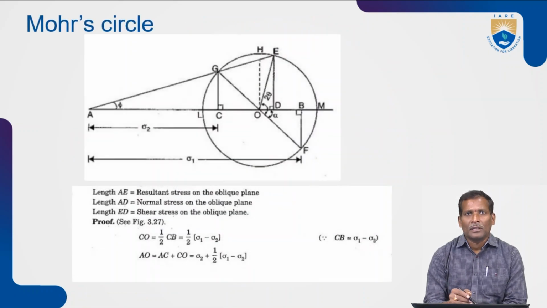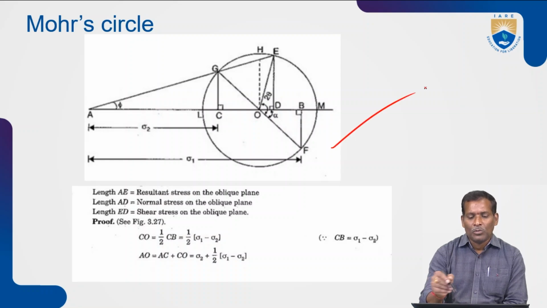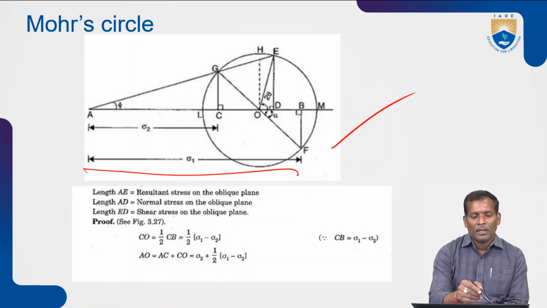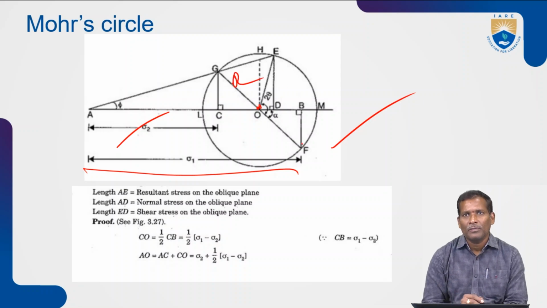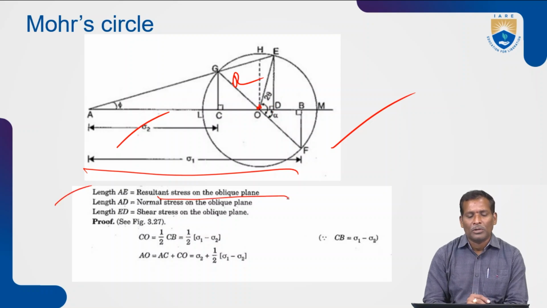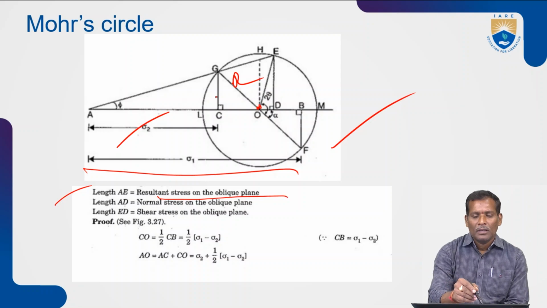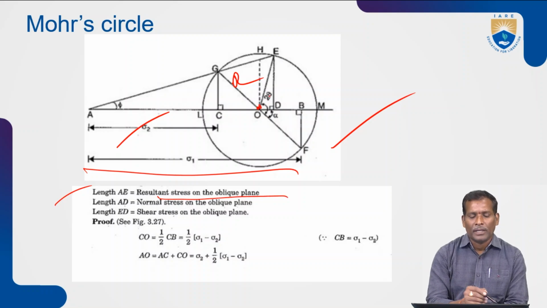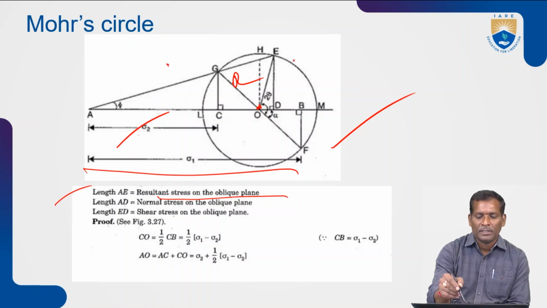So clearly here is shown the final output of this Mohr circle: sigma 1 and sigma 2, the radius OG or OF, and a plane drawn with 2 theta. Let AE be the resultant stress on the oblique plane. The oblique plane is shown with 2 theta.